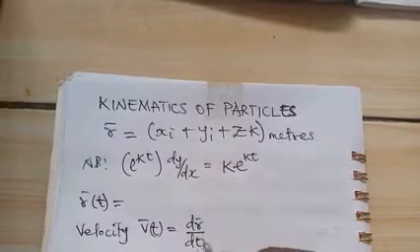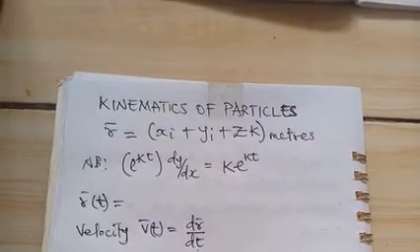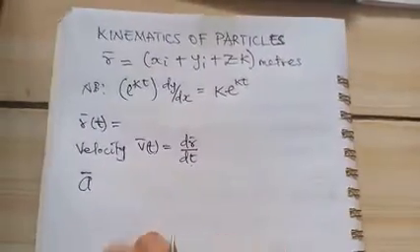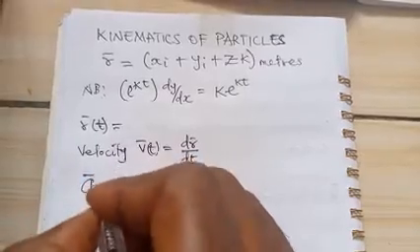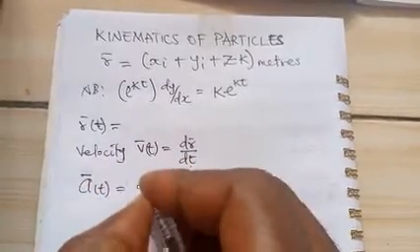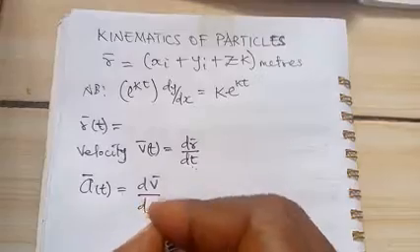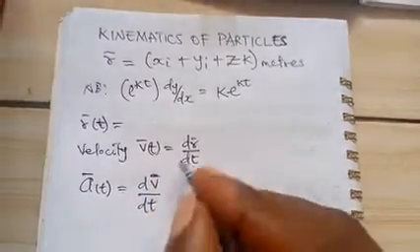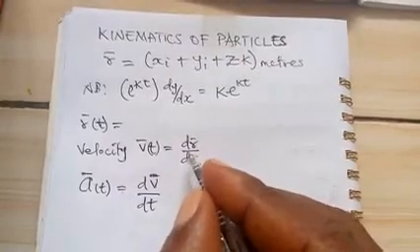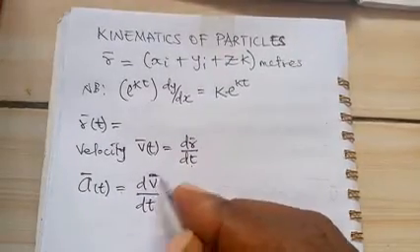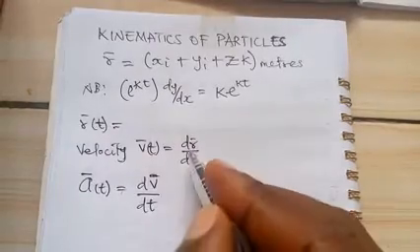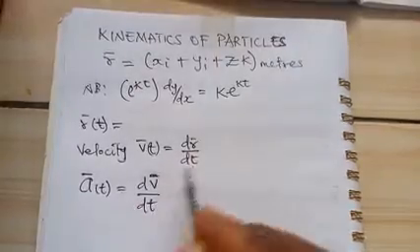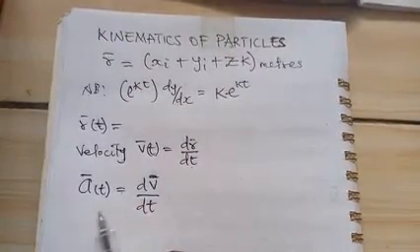If I want to calculate acceleration, let's use a bar for it, acceleration with respect to time is dv over dt. I will need to differentiate velocity with respect to time, or differentiate r twice. So if I differentiate this twice, I will get acceleration.